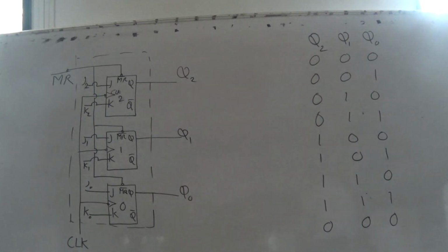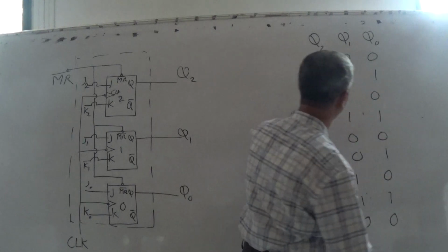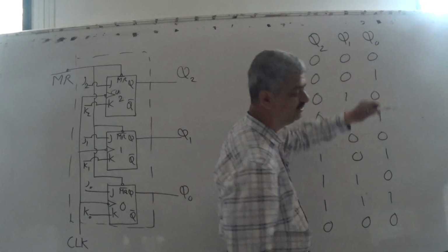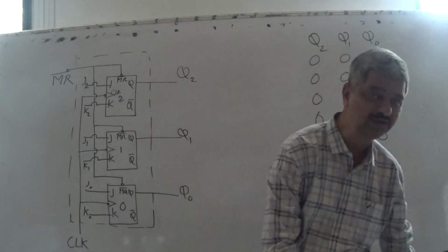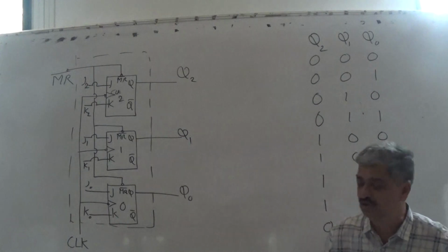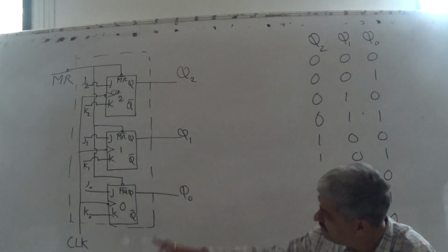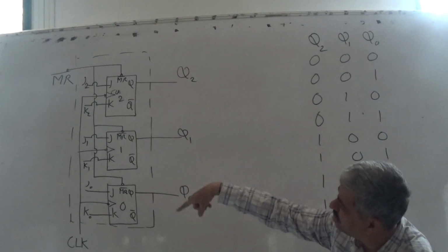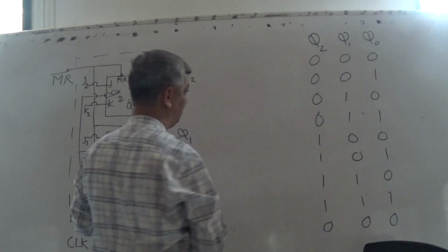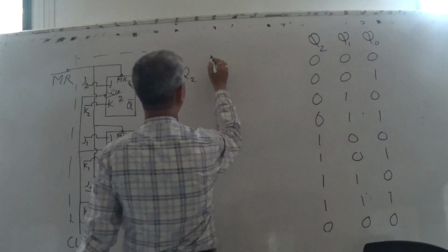The output Q of flip-flop number 0, Q0, always toggles. So what input combination do we have for always toggling? Now there is no need for me to cross connect everything. What I can do, I will prepare a table.